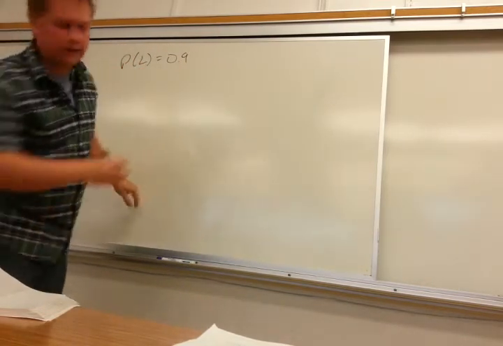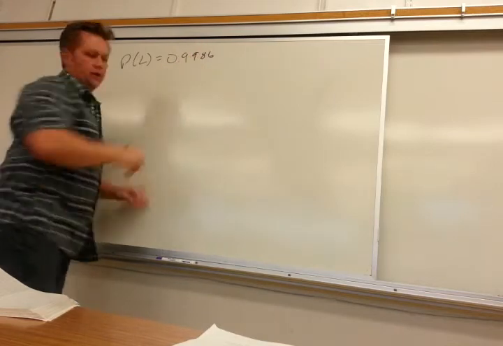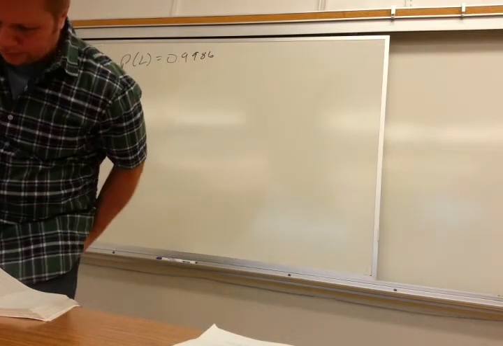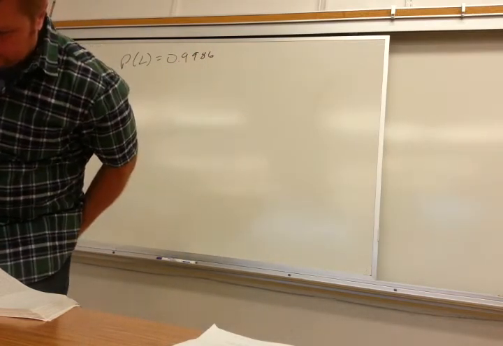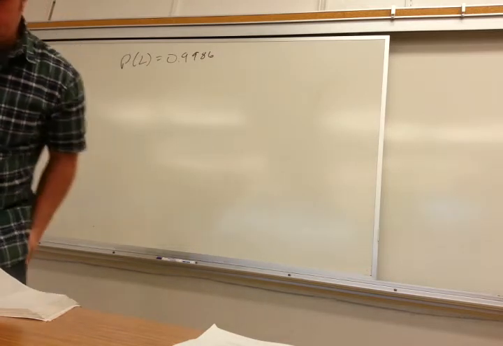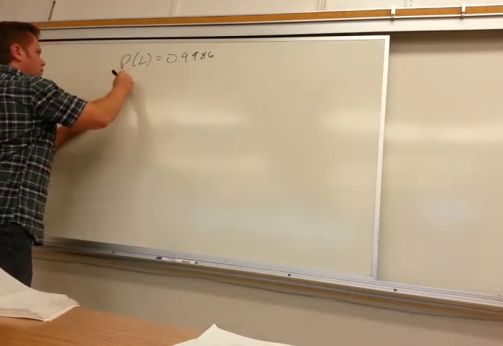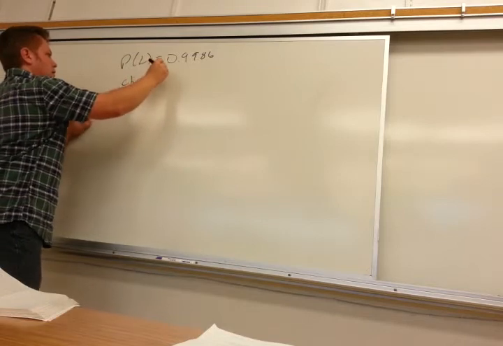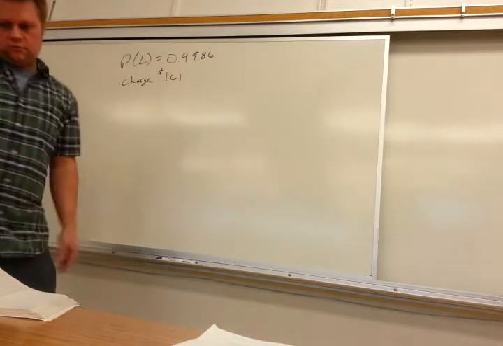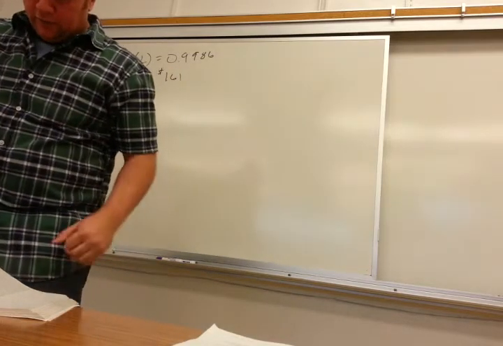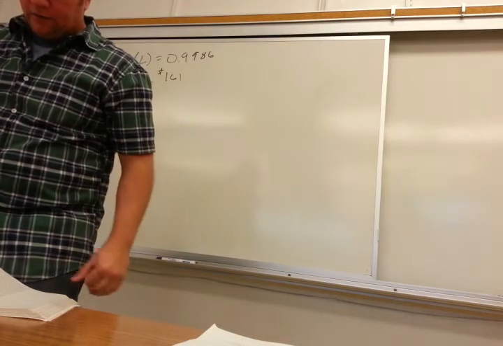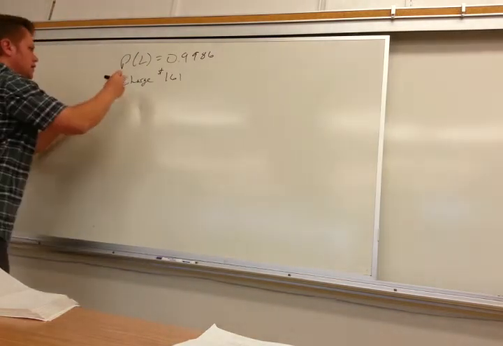What was it? 0.9986. Okay. At least that's very high. That's good. Fidelity Life Insurance Company charges $161 for ensuring that the male will live. If the male does not survive the year, the policy pays out $100,000.